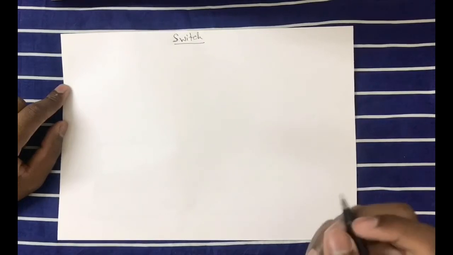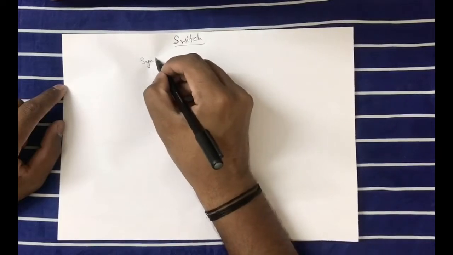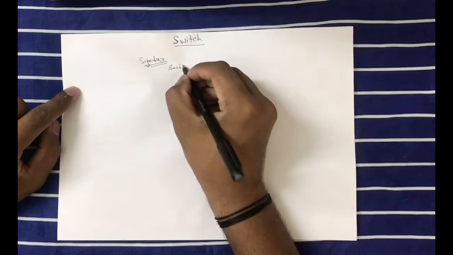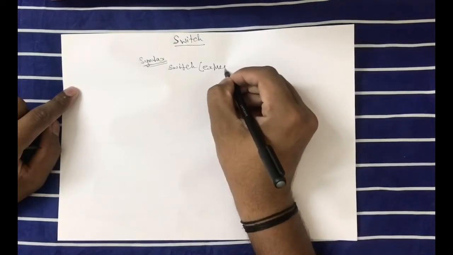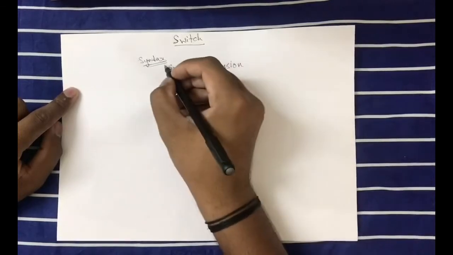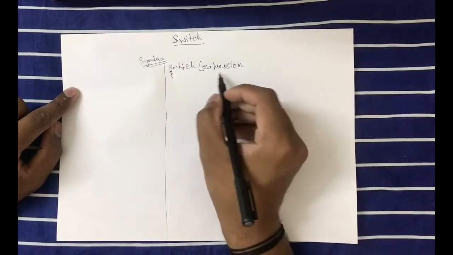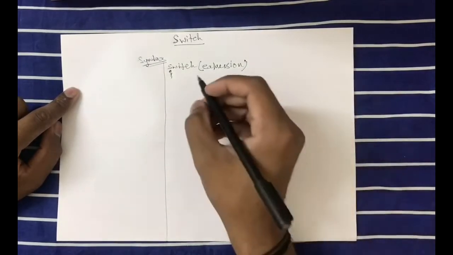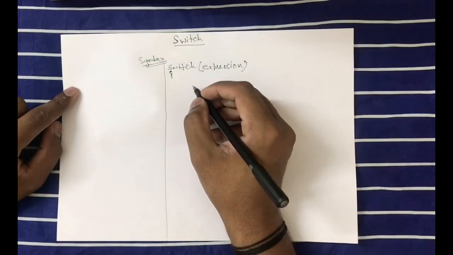Now let us see the syntax of switch. Switch, followed by its expression. In this switch, like in if-else, for multiple conditions we used to give if, else if, else if.